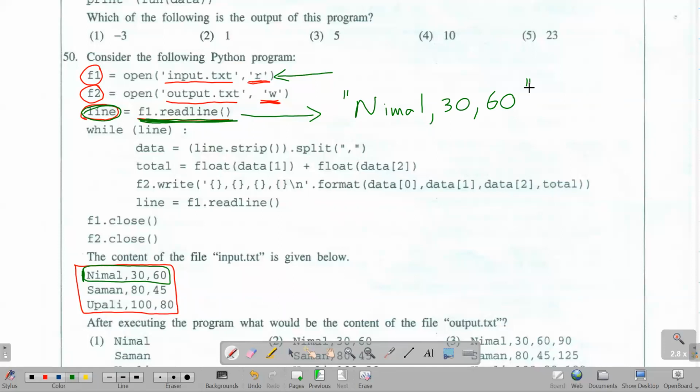It's one big string. This is what the variable line is holding.